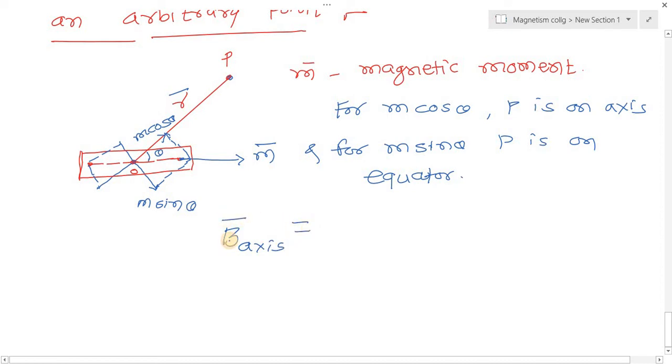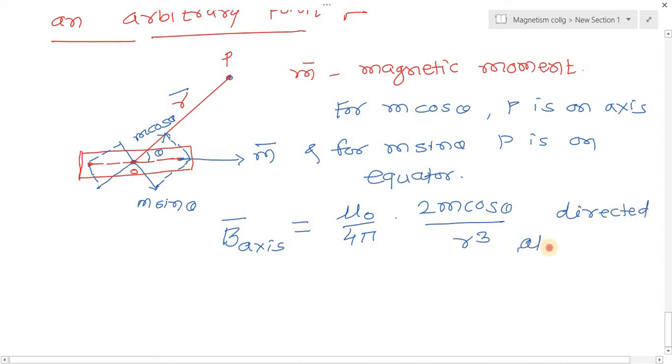The magnetic field at an axial point is equal to mu 0 upon 4 pi into 2 m cos theta divided by r cube. This is the formula for the axial point, and it is directed along m cos theta.